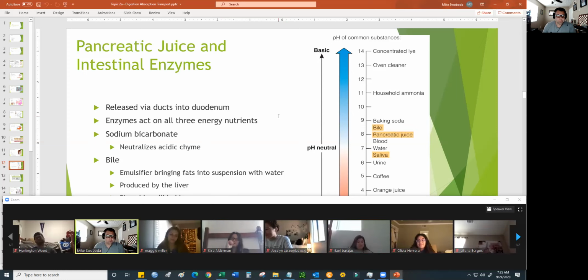Okay, so bile is going to neutralize our stomach acid, which allows us then to send that out the rest of the way, so it doesn't really affect the rest of our insides or our GI system.